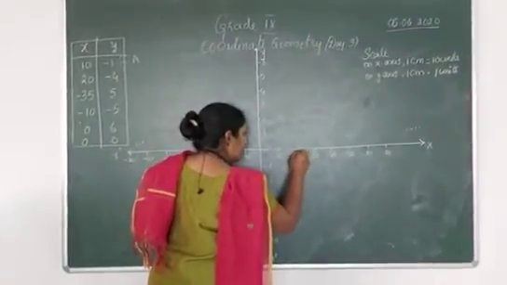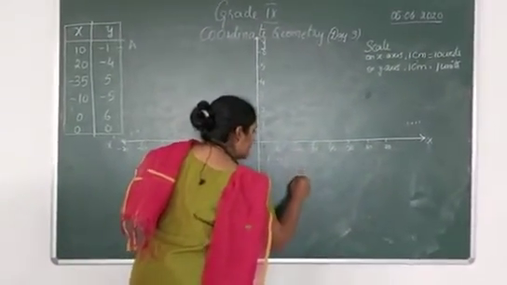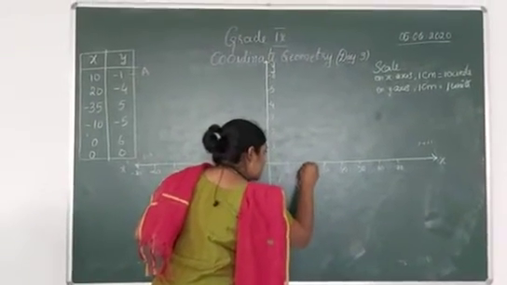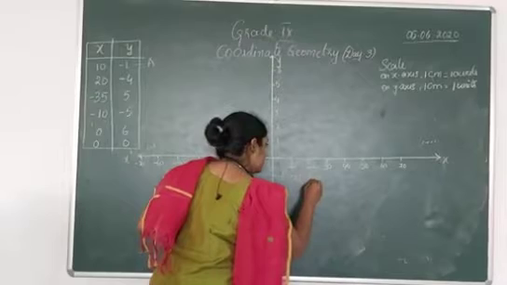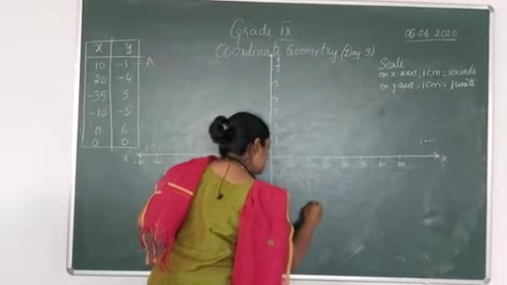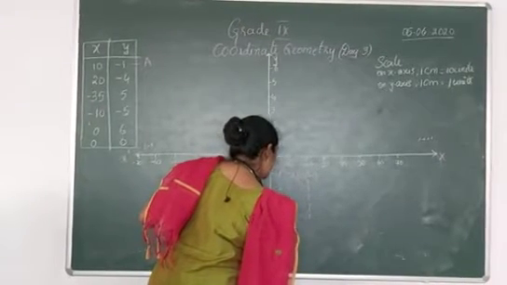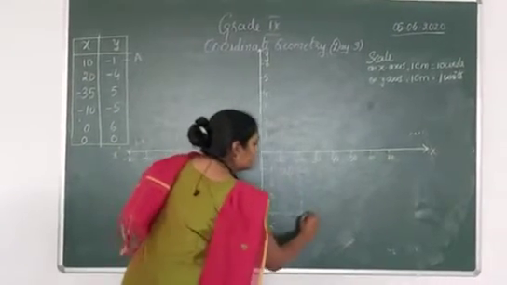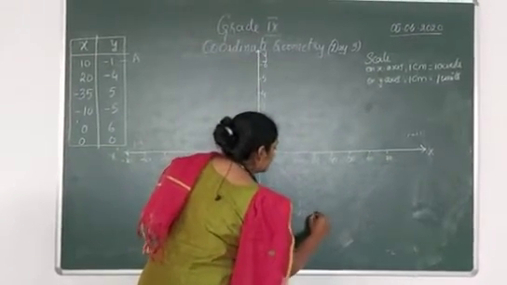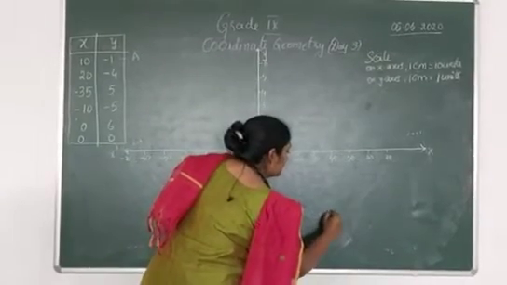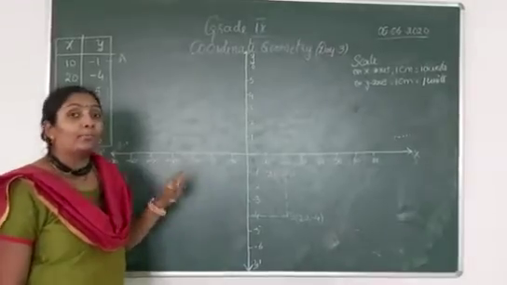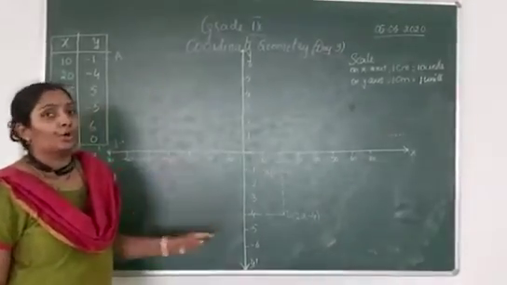We draw perpendiculars from 20 and minus 4, right? The point of intersection of these two perpendiculars is nothing but the point B, let us say. So 20 comma minus 4, right? This is how we plot the given coordinates.